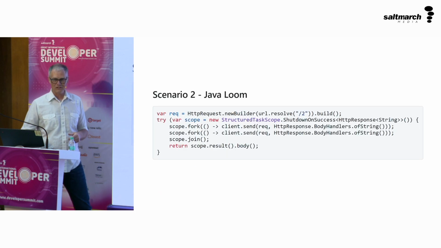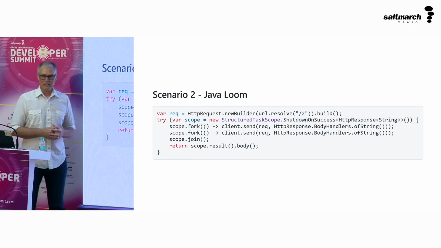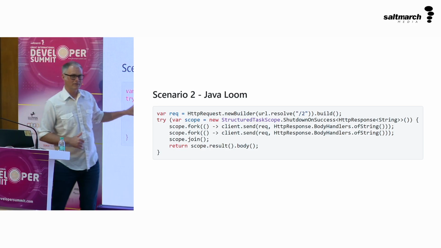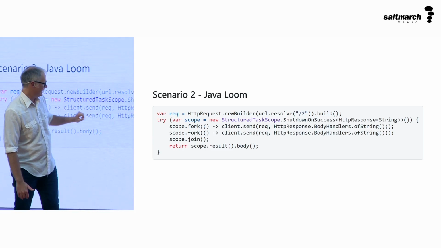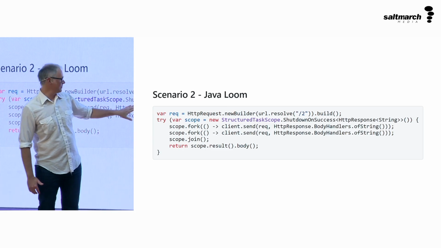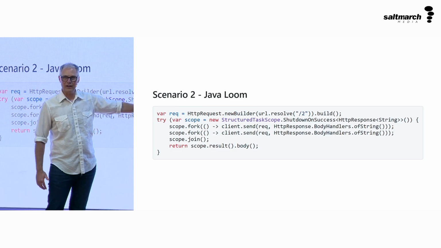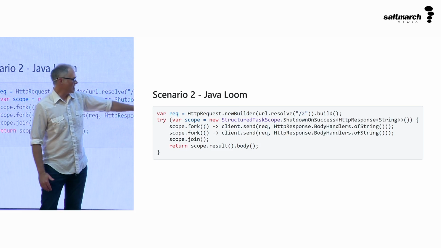So let's take a look at what this looks like in some different languages and frameworks. First is the Java Loom one. And actually, this looks exactly like scenario 1. It's the exact same code, with the exception that now I'm calling /2 on my server instead of /1. But this is the part that I skipped over, where we're specifying how to handle errors. Just like in scenario 1, we specified shutdown on success.